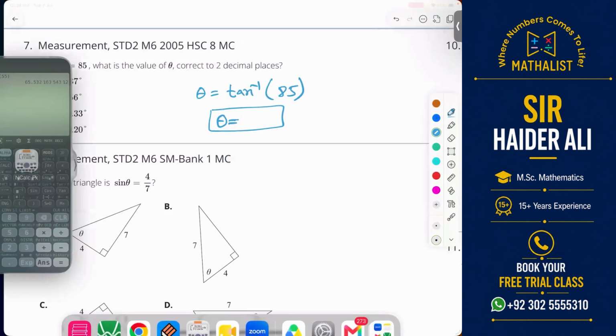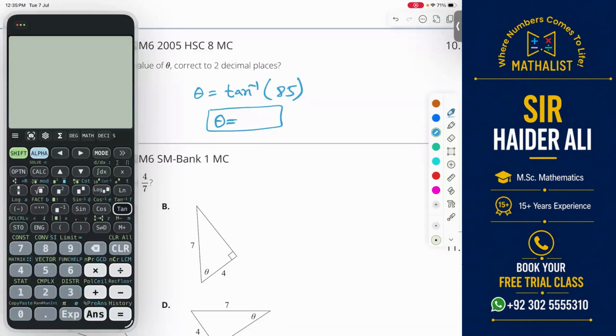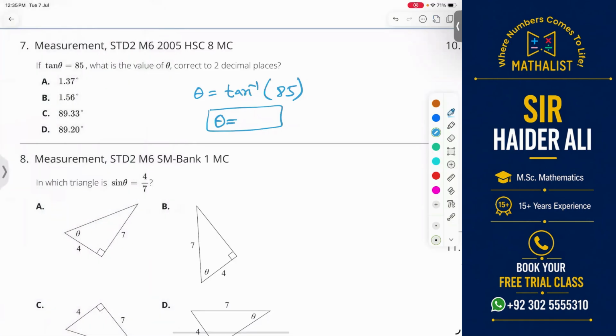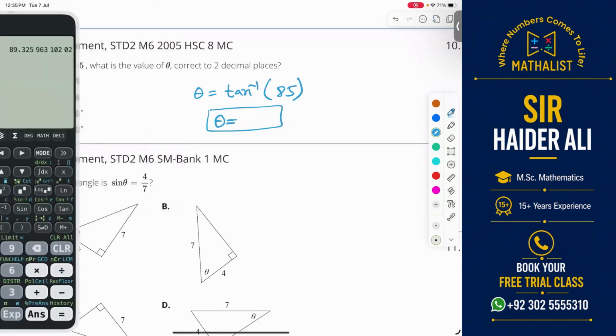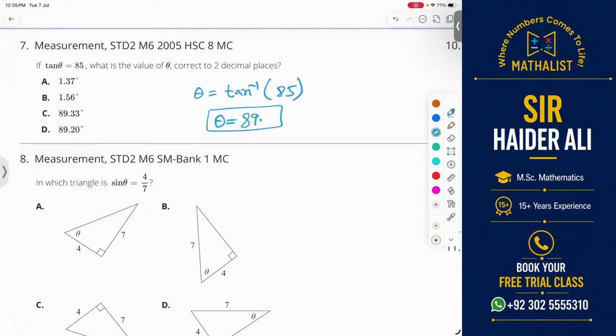89.33, I think. Two decimal places, this one is the answer.